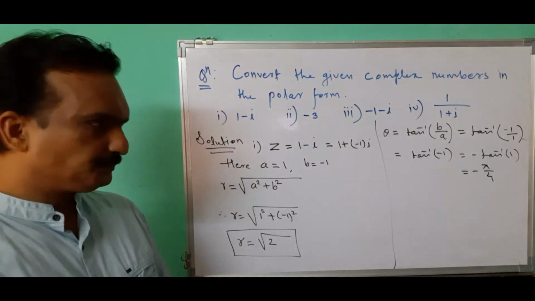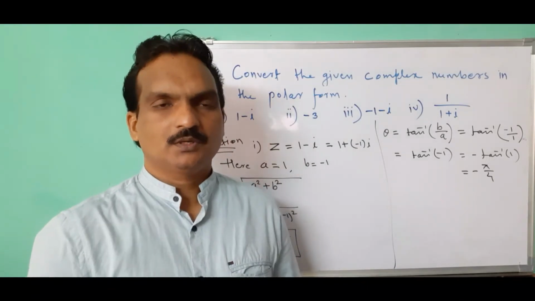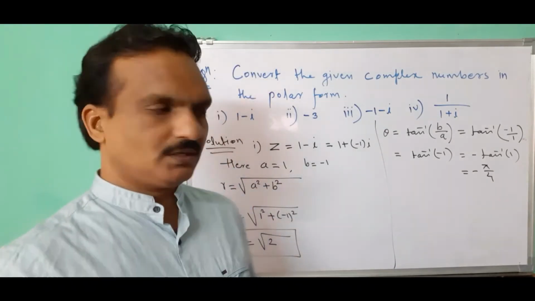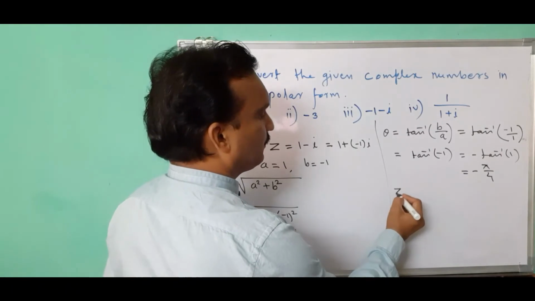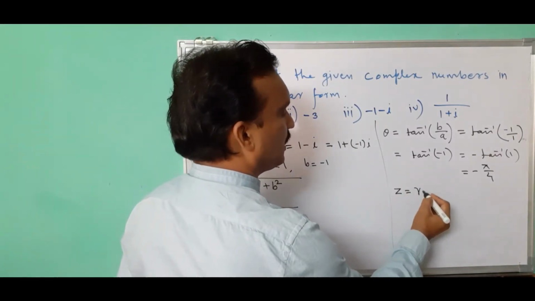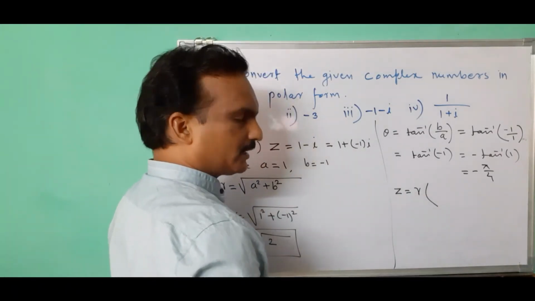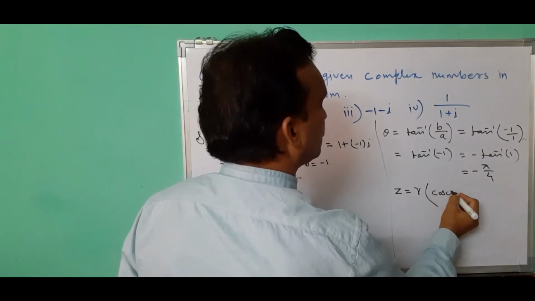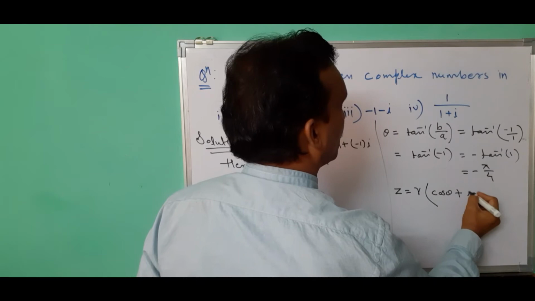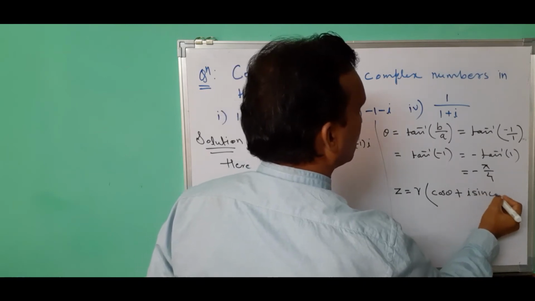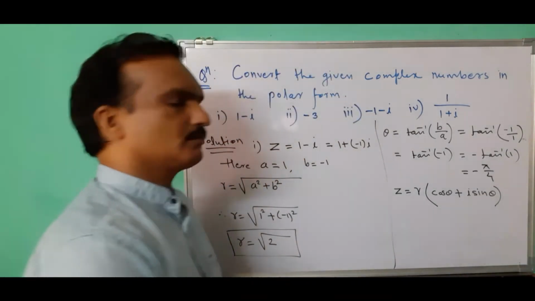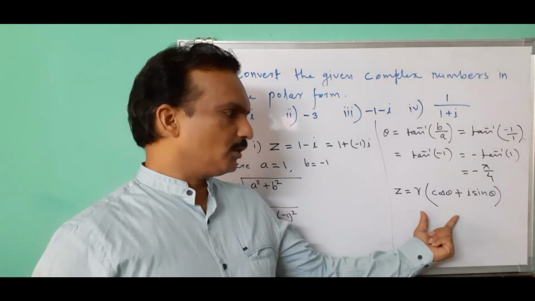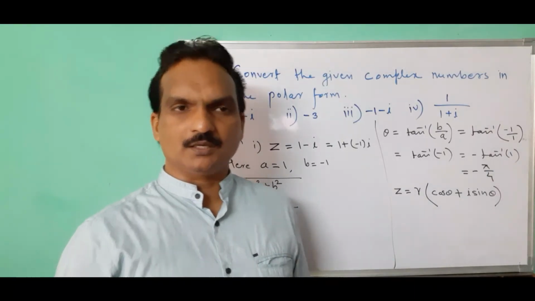This is the value. Now the polar form of the complex number is given by z is equal to r in the bracket cos theta plus i sin theta. Okay, this is the polar form as we have seen earlier.